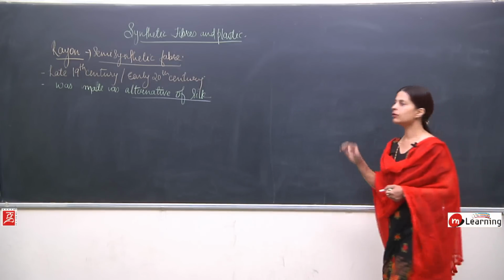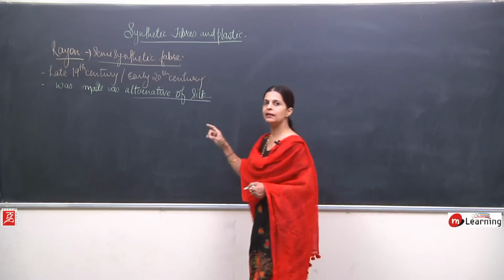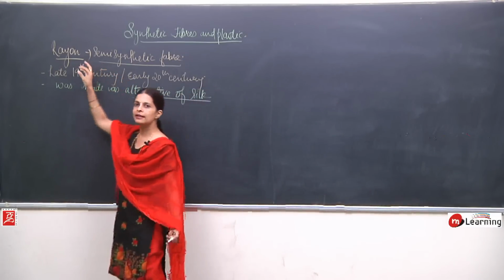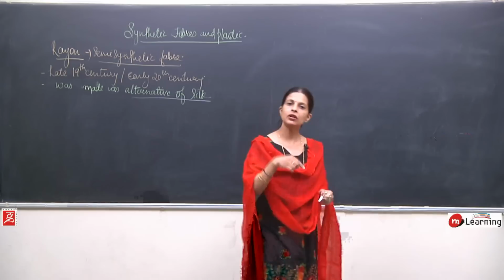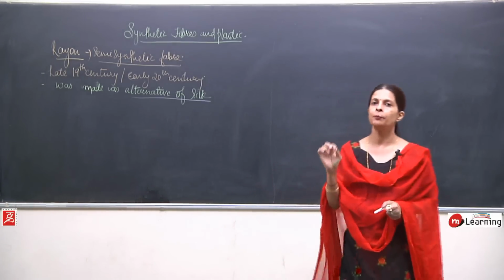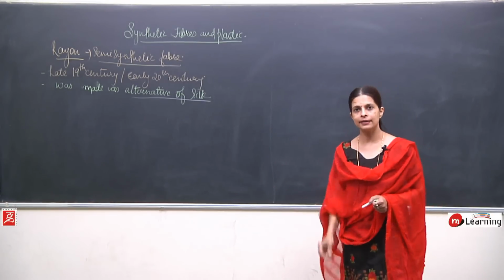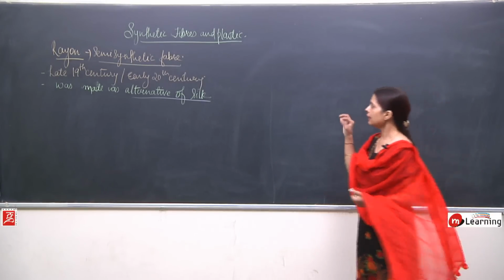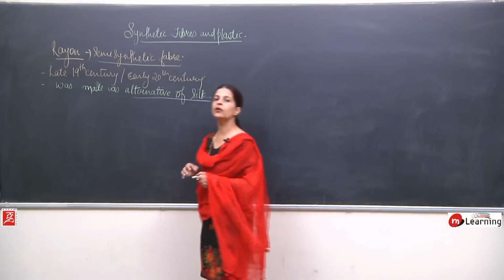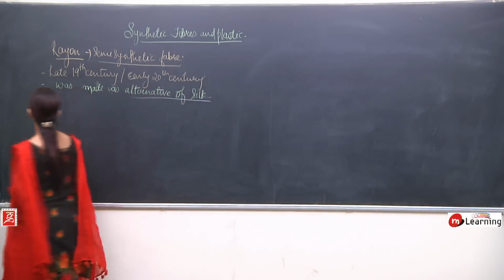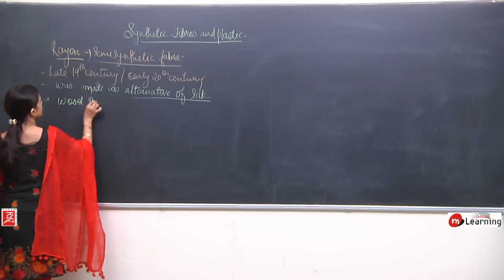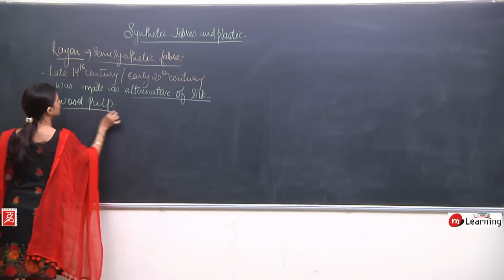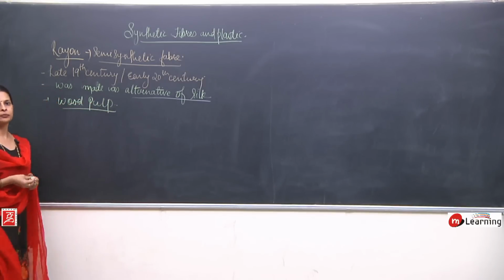We are talking about synthetic fibers, but still I will say that rayon doesn't come totally under the category of artificial or man-made fiber. Why not? Because it is made up of wood pulp. Wood pulp is used to make rayon.